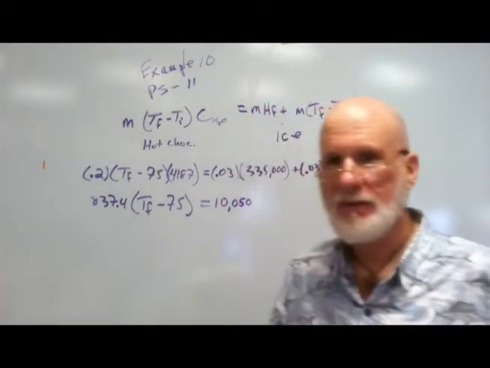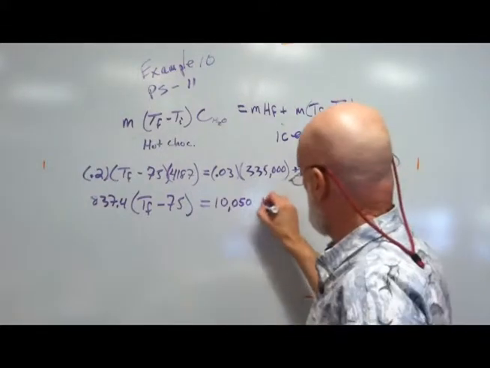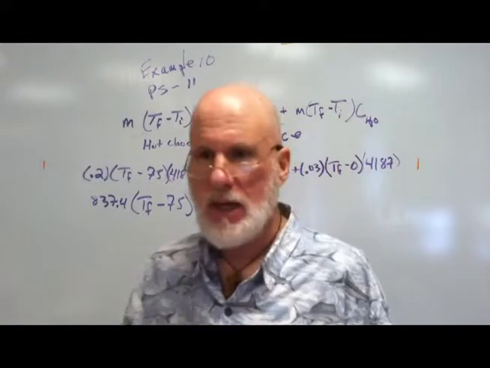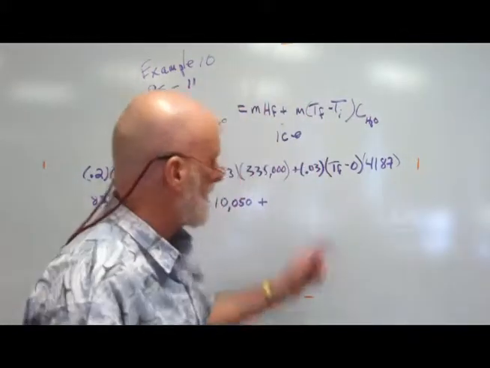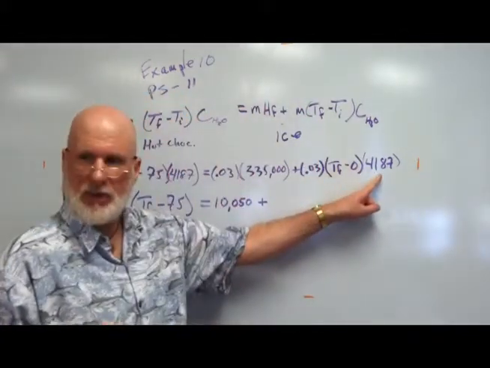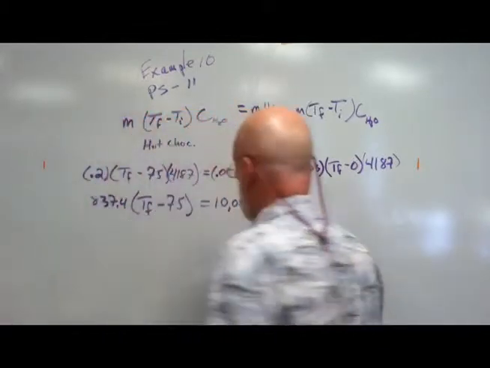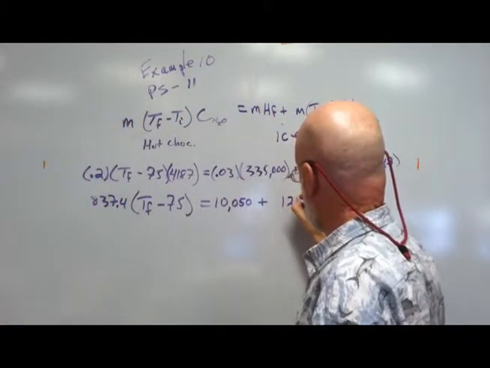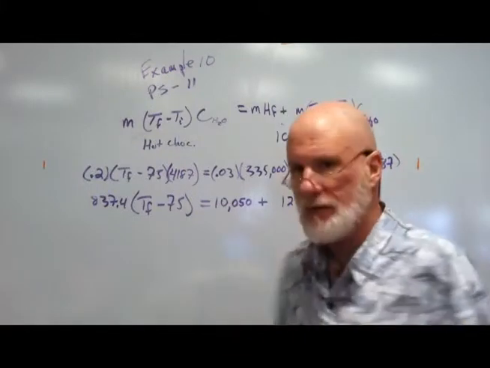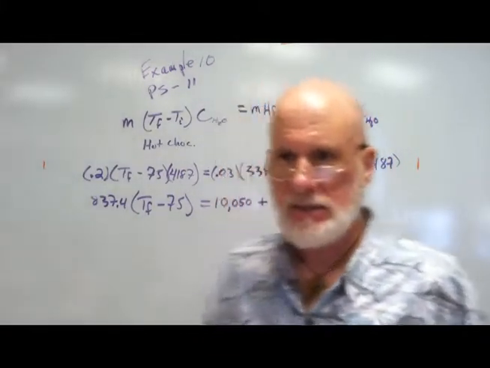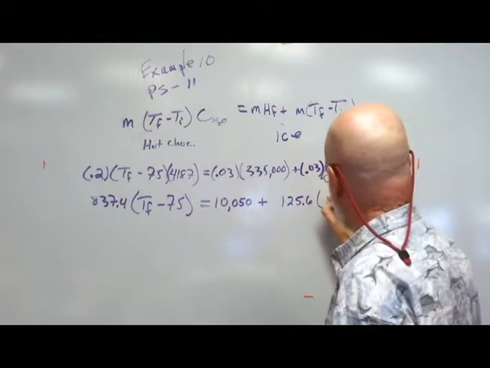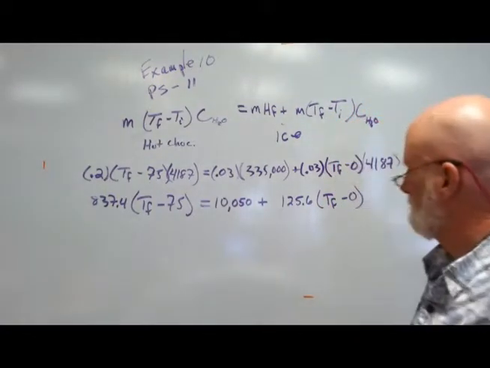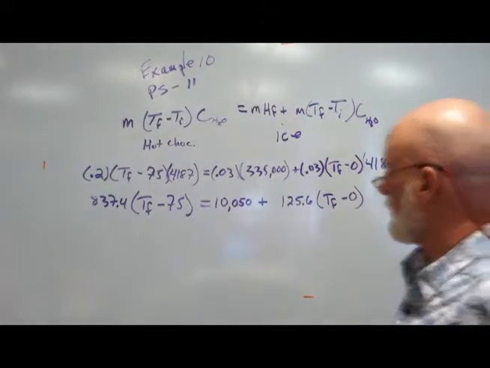Okay, plus 0.03 times 4,187. That is what? 125.6 is fine. And then it's going to be TF minus 0. Looking good here, guys.